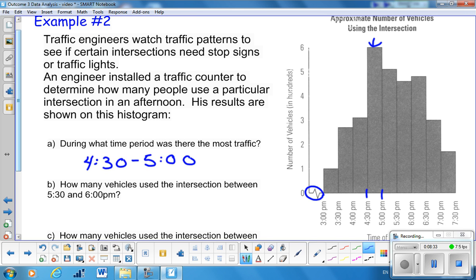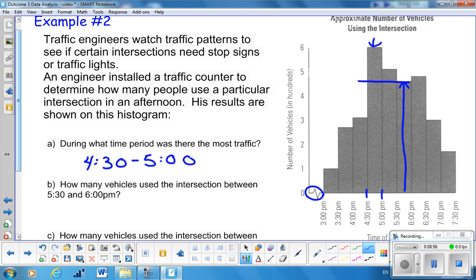How many vehicles use the intersection between 5:30 and 6? So between 5:30 and 6 is this bar on our bar graph. And we can either estimate it from our bar graph. If we had a data table, we could look back to that, but we don't.